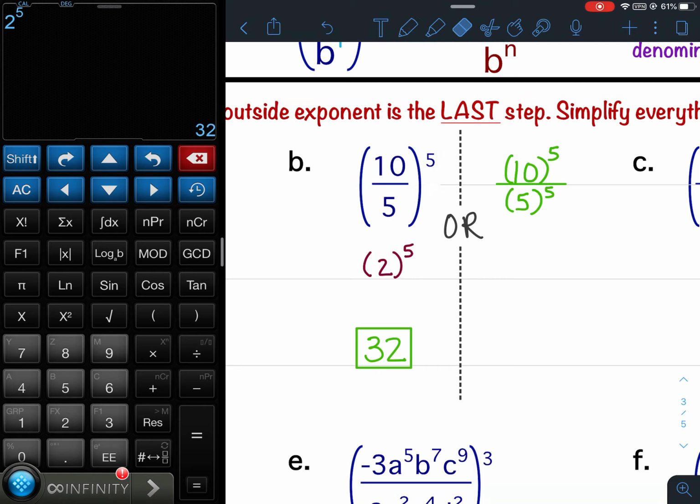So again, I'm going to show you why it's much better to simplify what is in the parentheses first. Okay, so 10 to the 5th power is 100,000.